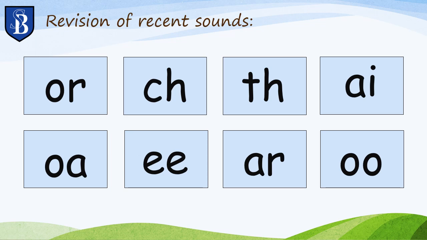It's time to play a quick game. Remember, this is the game where we see who can find the sound the fastest, so you need to play it against your grown-up. I'm going to say the sound and you're going to point to it.